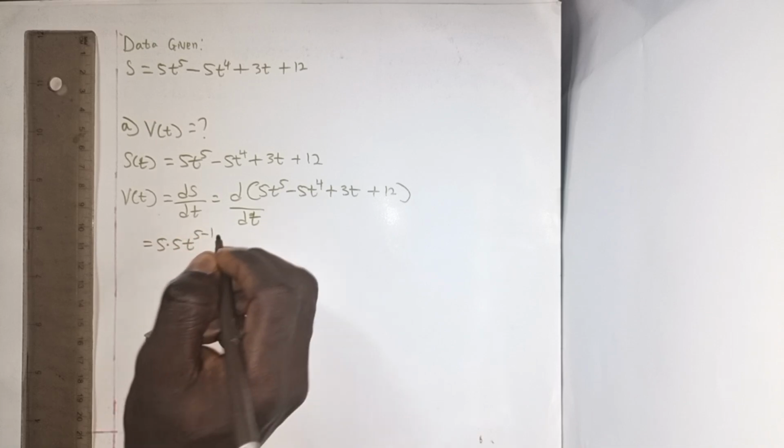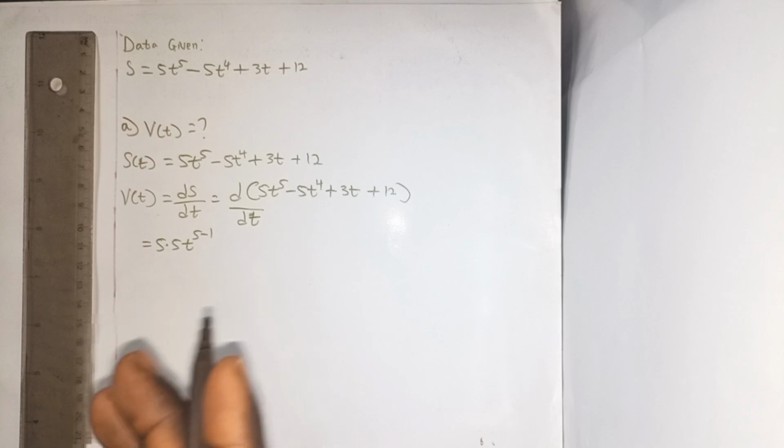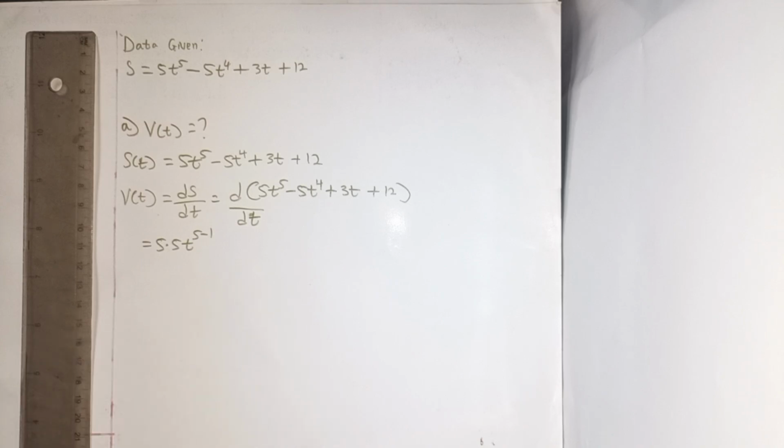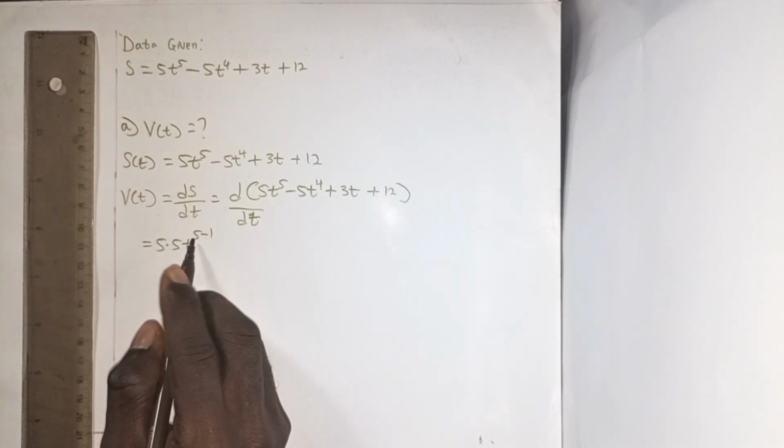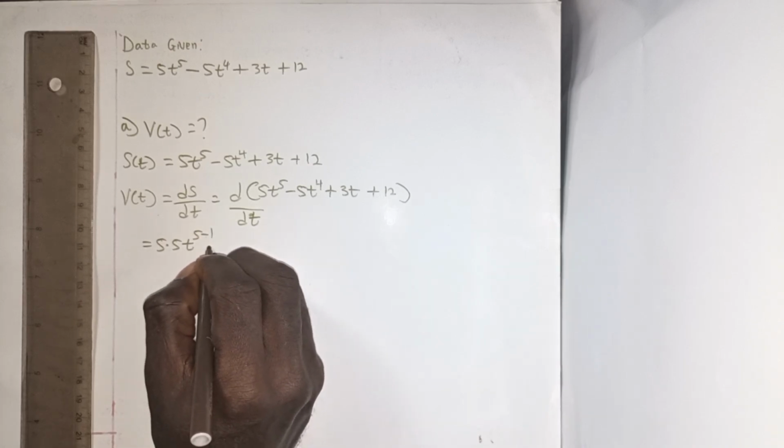In case you are wondering what I have just done, by applying the power rule, when you want to differentiate, you multiply the power with the coefficient of the term, then you subtract 1 from that power. So 5 times 5, then I subtract 1 from the power of 5. I'm going to apply the same thing to the rest.